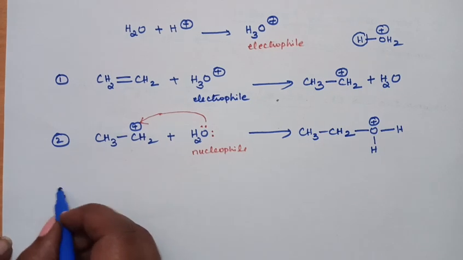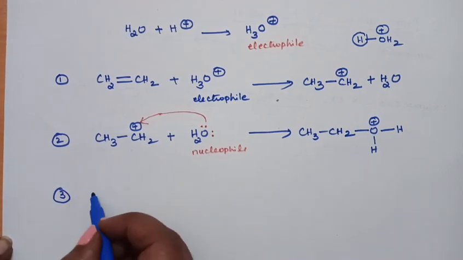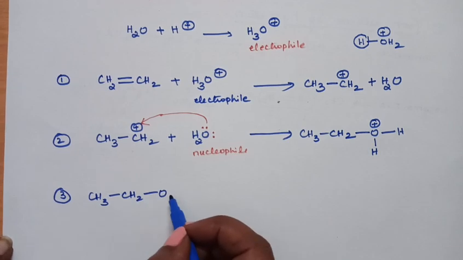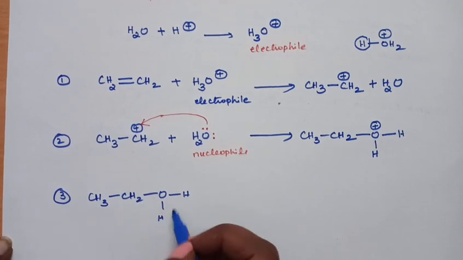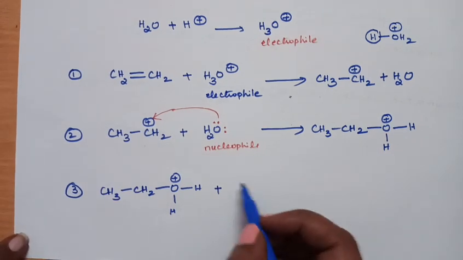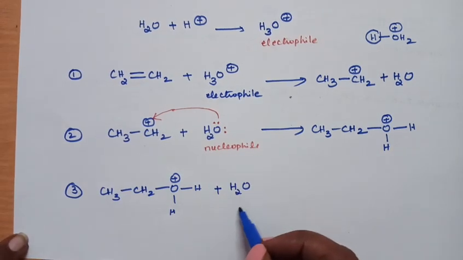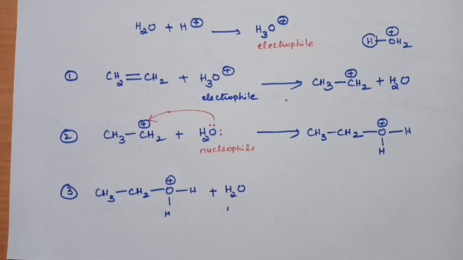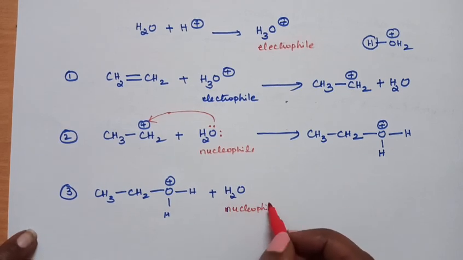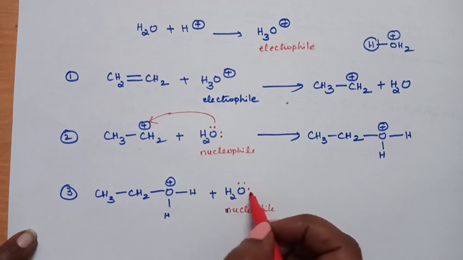Third step, same thing we will take here, CH3 CH2 O, hydrogen hydrogen, positive sign here, and then we will take again water which is nucleophile. So lone pair of electron.